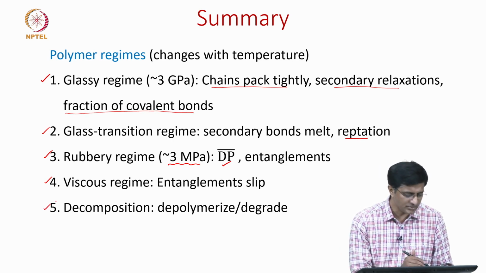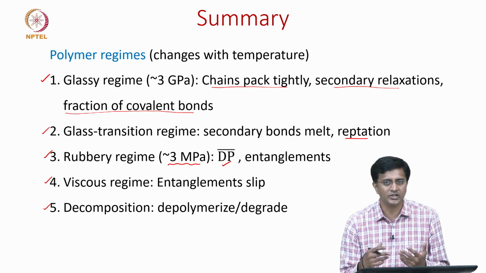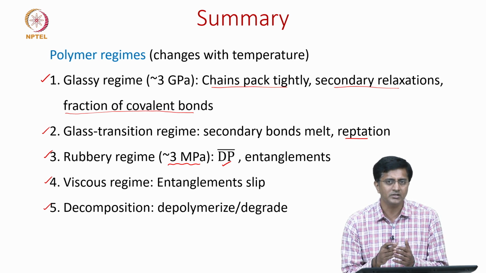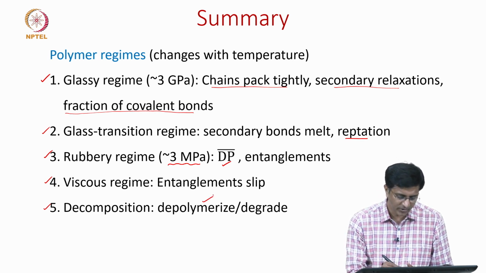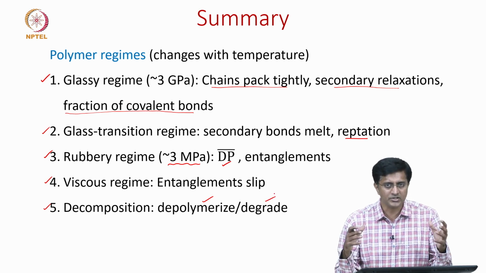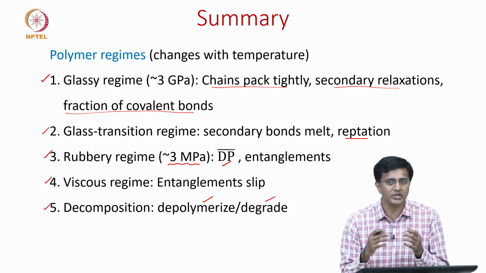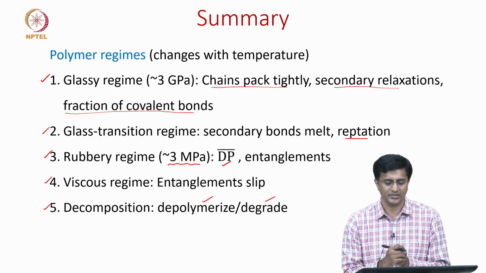Decomposition is something we only see in crystalline polymers, where because of high temperature and thermal energy we are now breaking the covalent bonds, and this leads to depolymerization, or what we also call degradation of polymers, because the properties of the polymers are now decreasing, the modulus decreases and even the strength decreases significantly.